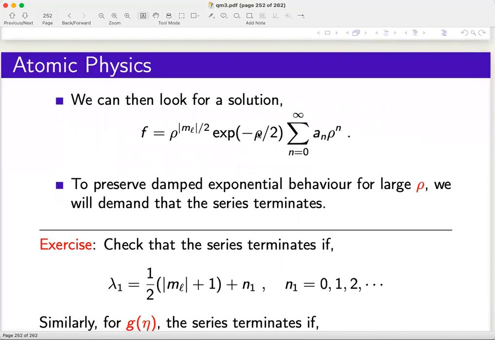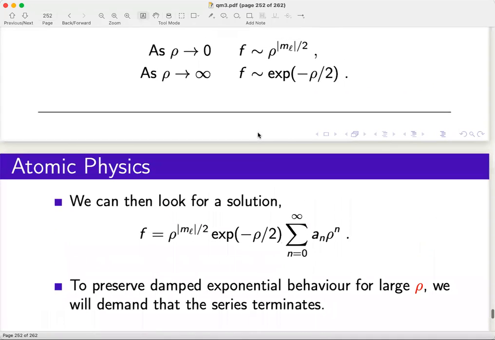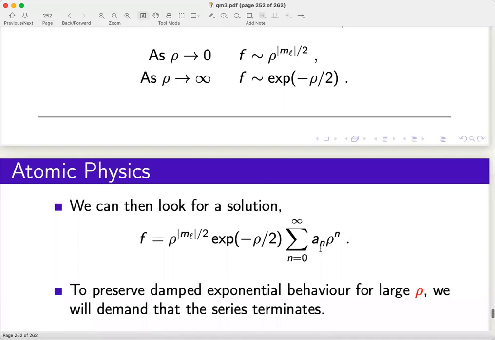Fine. So we could determine all these a_n, but typically what happens is that the coefficients a_n grow very fast, and if you keep those a_n non-zero for all values of n, then this series can be summed, and the summation would turn out to be exponential of rho.